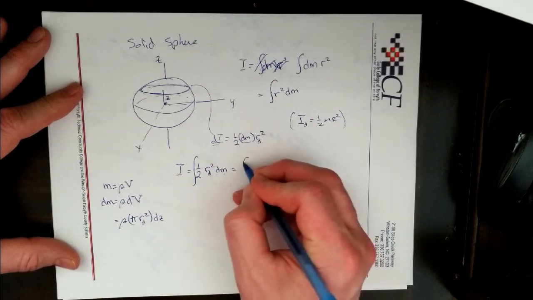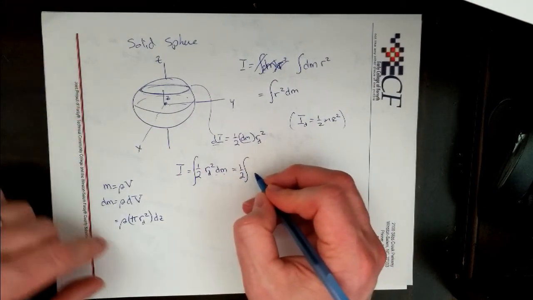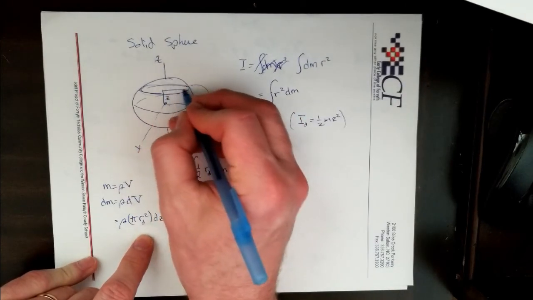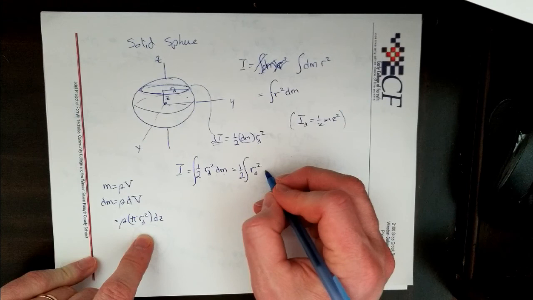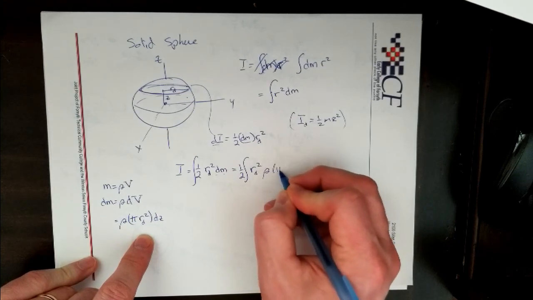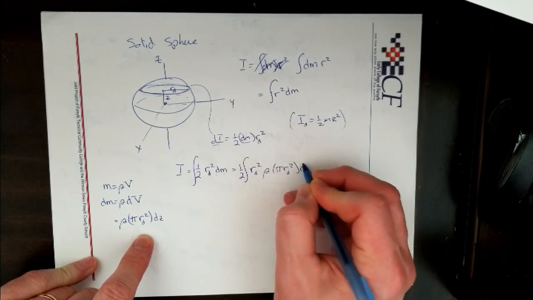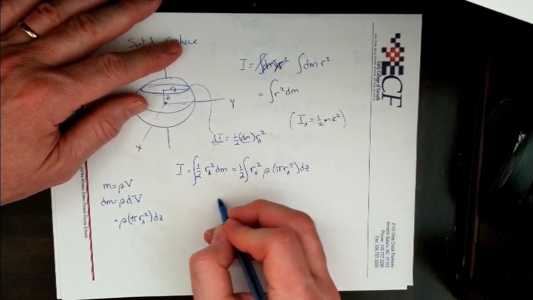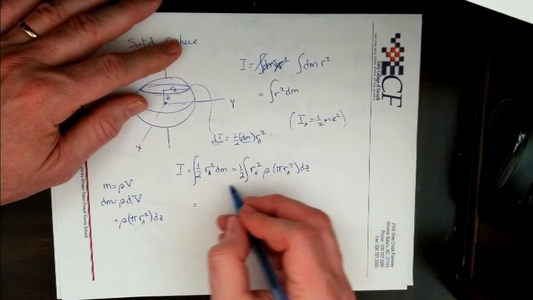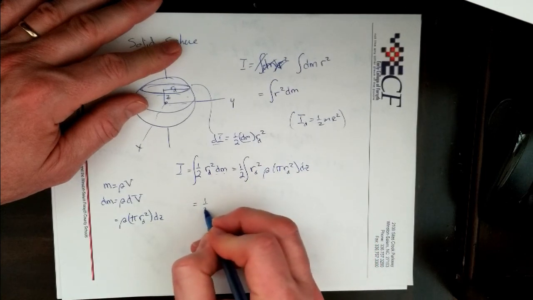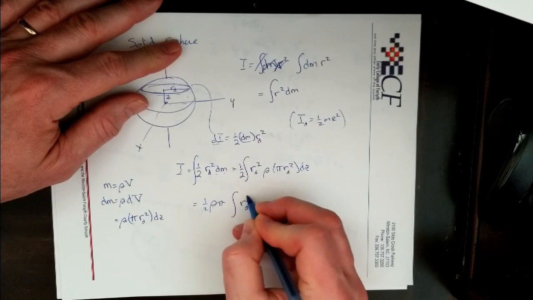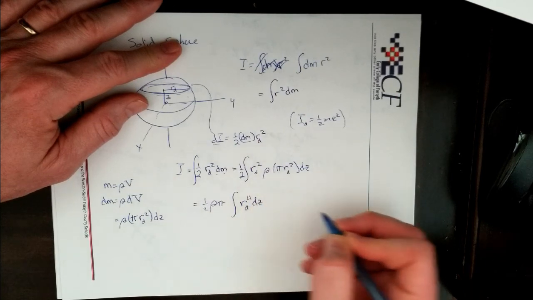So this becomes the integral, I'll bring the 1/2 out, of r_d squared times rho pi r_d squared dz, which is, let's bring the other constants out, 1/2 rho pi times the integral of r_d to the 4th dz.